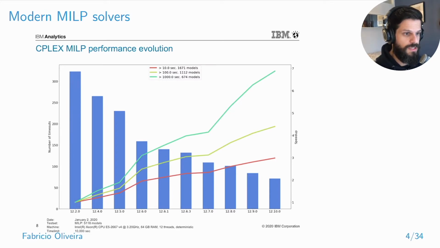There is a collection of 5,118 models that is used as reference every time IBM releases a new version of Cplex. This one here is testing release 12.10. Out of the 5,100 or so models, version 12.2 is probably 8 years ago, I think. I think these are every year, even though there is a jump on 12.3 here.